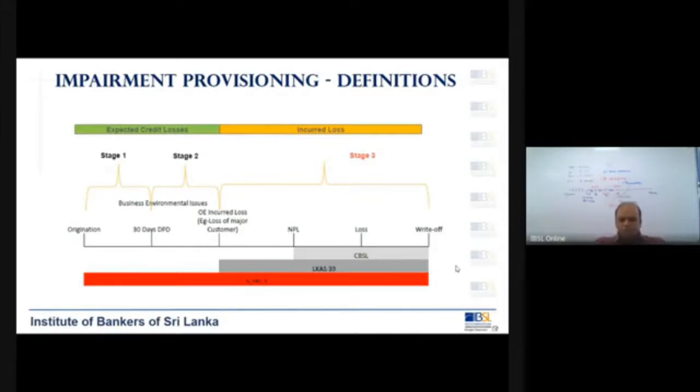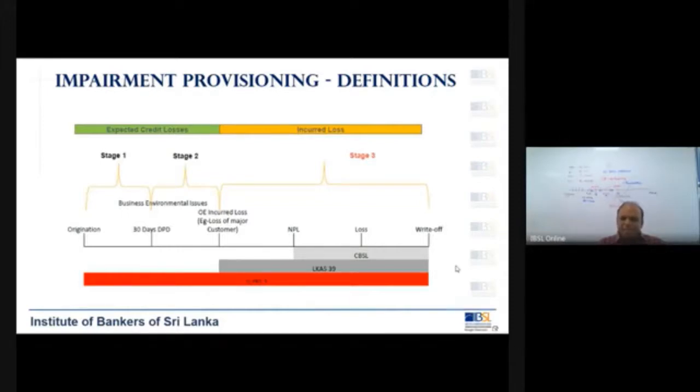OE means objective evidence. Now, objective evidence means now you might get to know something bad about the customer. Say one of his factory is closed, or maybe the main business partner has passed away, or you might get to know something bad about the business. So which means that is an indication to you that this loan is not going to be paid, or maybe say there will be default by the customer.